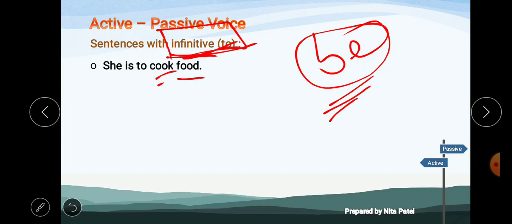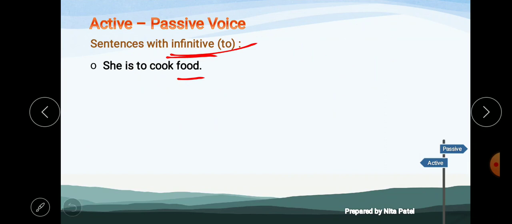The main verb here is cook. After this to infinitive, whatever verb is there, we have to put into the third form, and we will put be as our to be form, right? The other rules are applied the same here. So food is here, so we have to use is only.